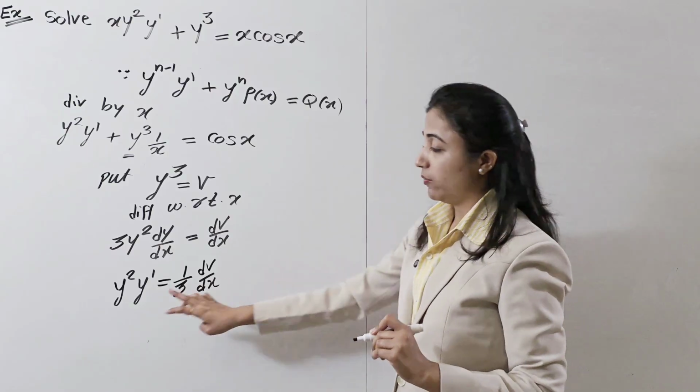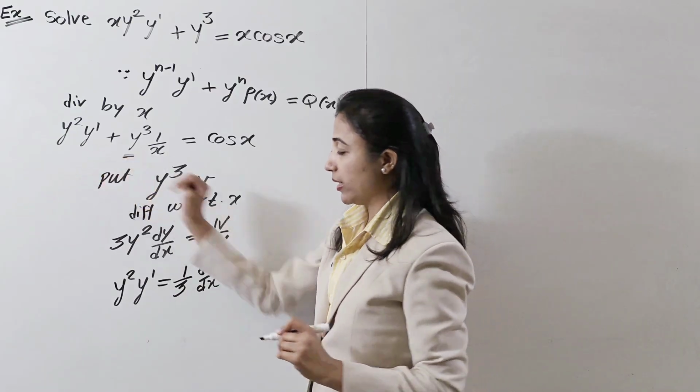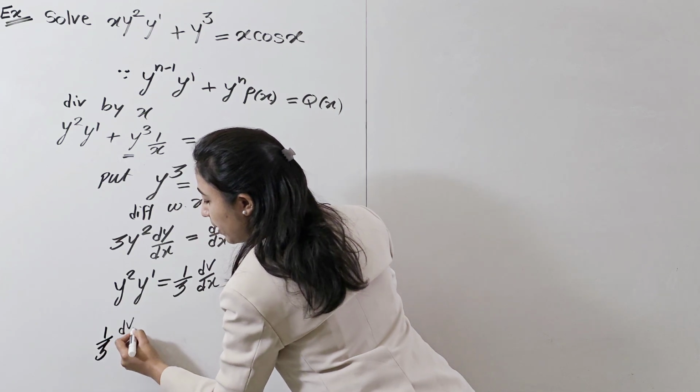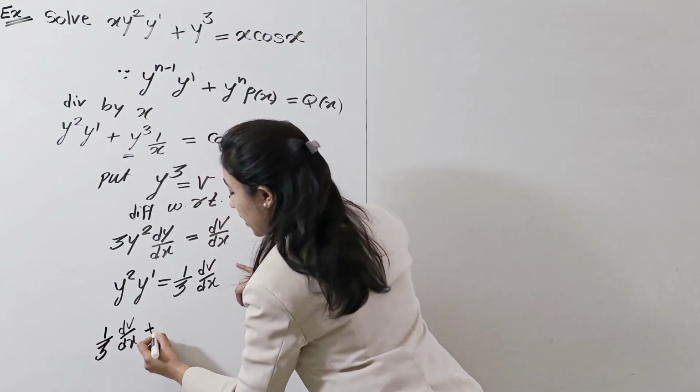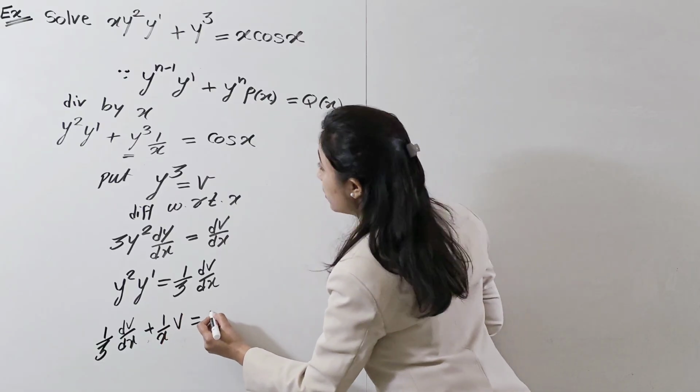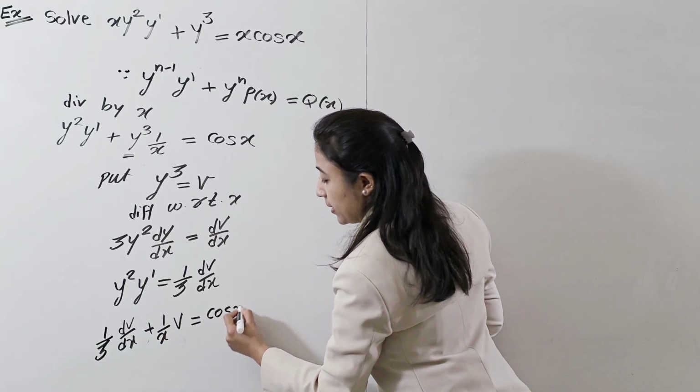So if we put this value in the given equation, it becomes 1 upon 3 dv by dx plus 1 upon x into v equals cos x.